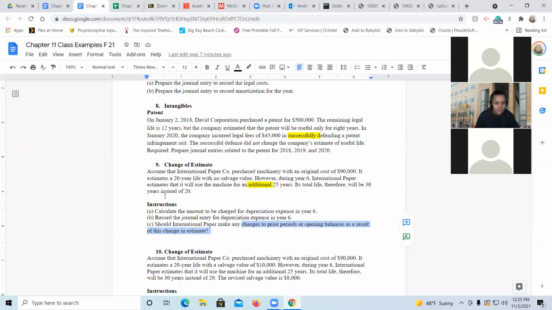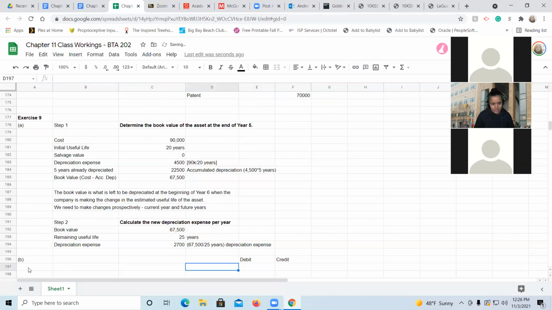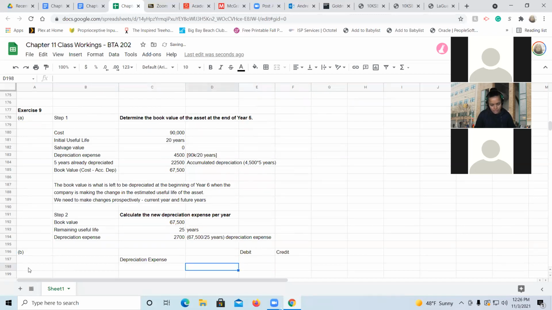B asks us to make the journal entry for the depreciation expense in year 6. So a depreciation journal entry is kind of like a slam dunk entry. You already know the answer. It's debit depreciation expense, right? And credit accumulated depreciation. And it's the same 2,700, right?